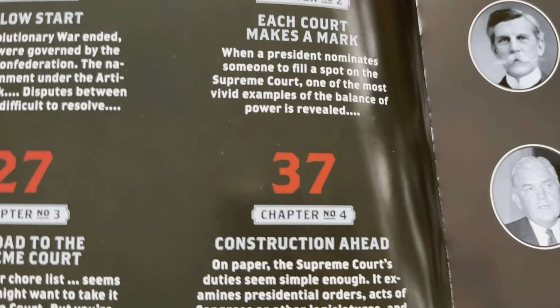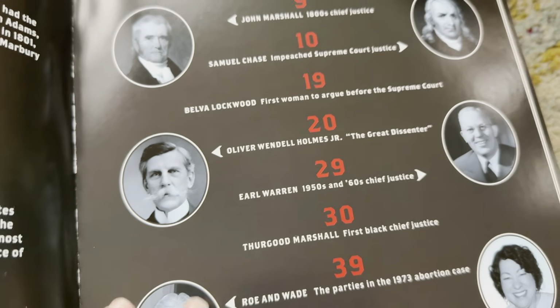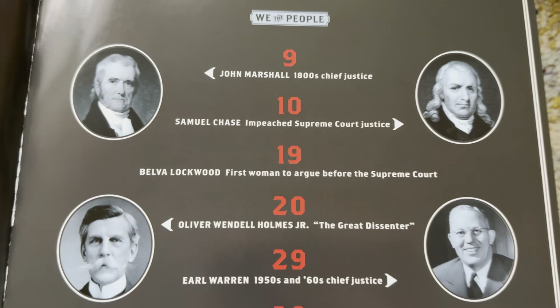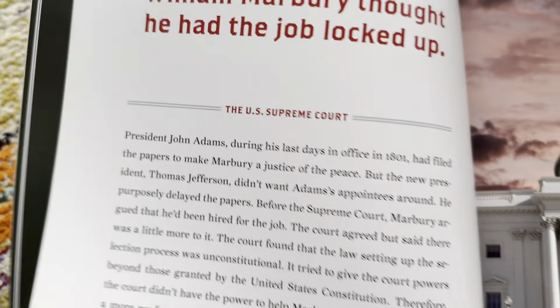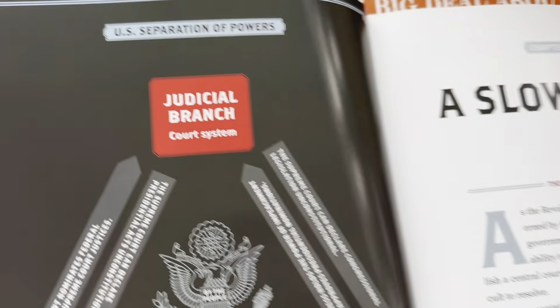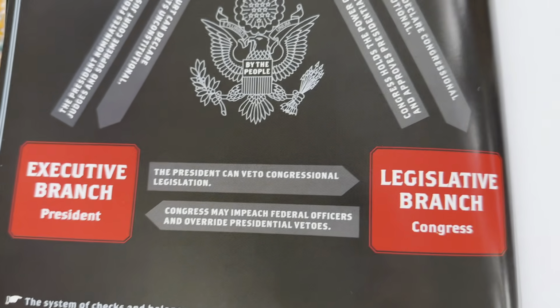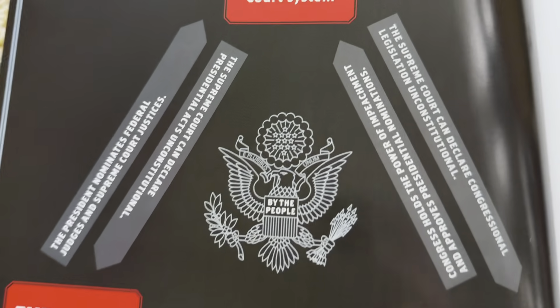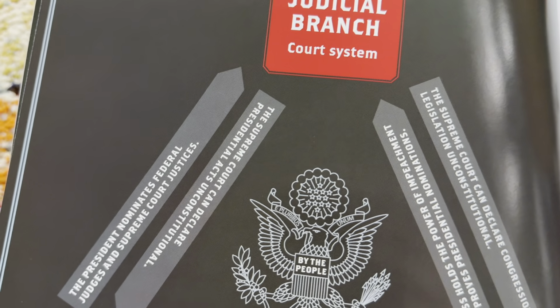And then as it progresses, you know? Okay, the judicial branch, the executive branch, legislative branch. I mean, the visuals on this, like the anchor charts and the visuals that it does, I really, really like it.